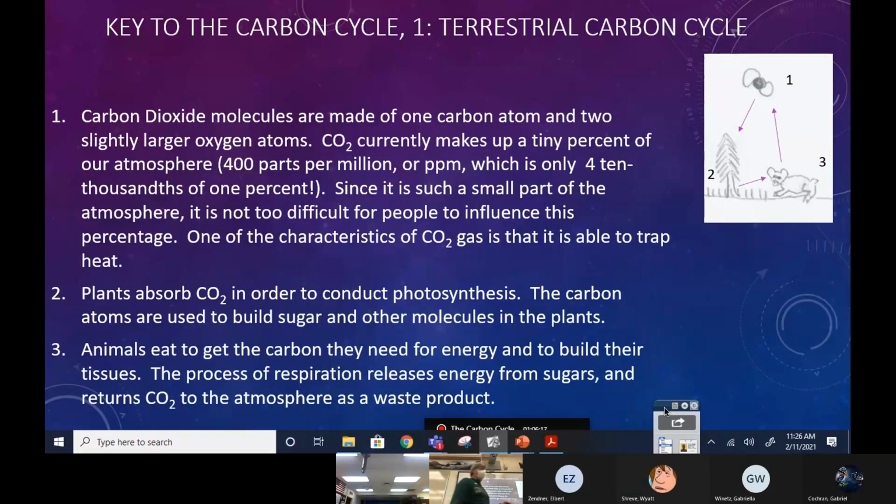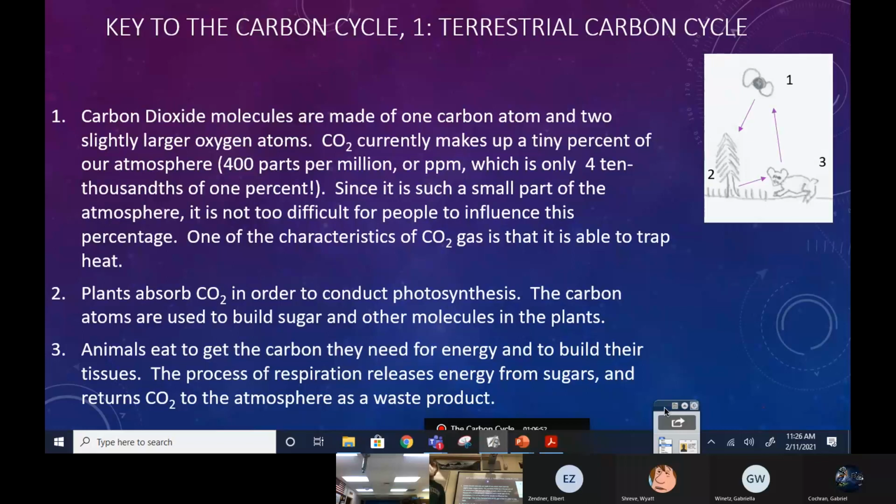The amount of carbon dioxide in the air today is 400 ppm, parts per million, which is a tiny fraction of 1%. And so some people say that because it's such a small fraction of the atmosphere, it shouldn't matter that much. But actually, it's the opposite. Because it's such a small fraction of the atmosphere, it's easy for people to change that fraction. We can easily influence the amount of CO2 because it's such a small fraction.